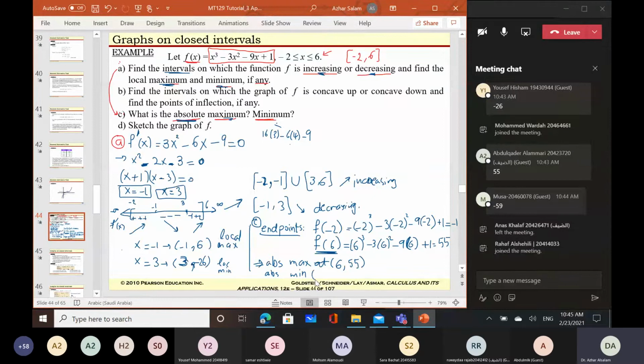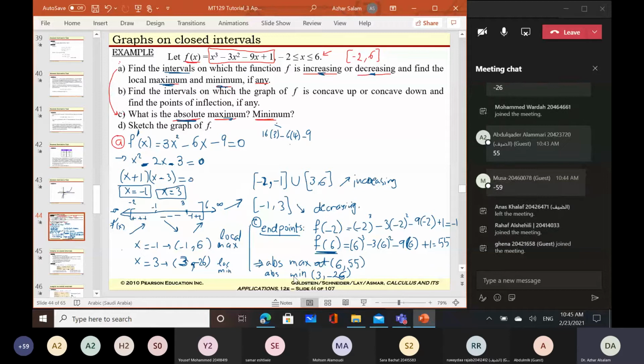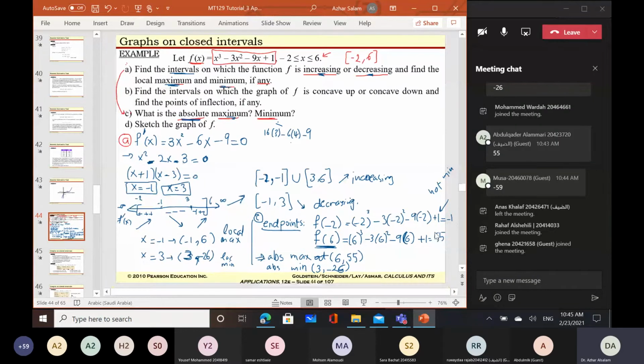The absolute minimum is 3 and minus 26. You were sure about minus 26. This will be the absolute minimum. Not this. This is not a minimum, just an endpoint. Okay.